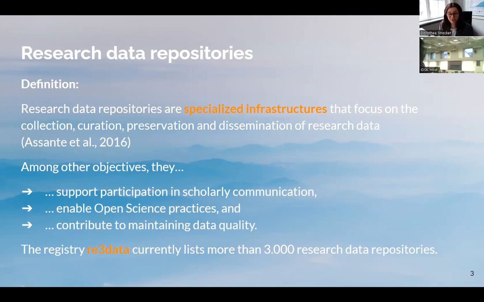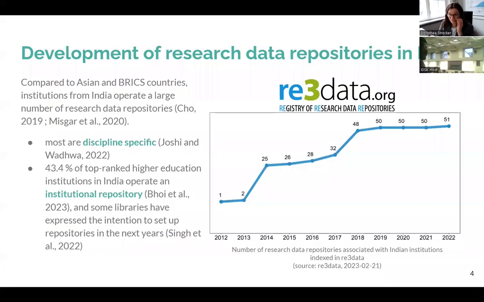As Jiban already mentioned, I am affiliated with a project that serves the service Re3Data, a registry that currently lists more than 3,000 research data repositories. And in this brief introduction, I want to quickly show you how Indian research data repositories are reflected there. On this graph, I have plotted the number of research data repositories associated with Indian institutions that are indexed in Re3Data over time.